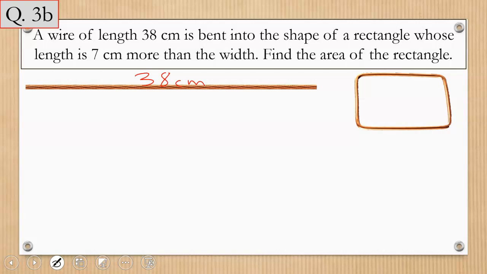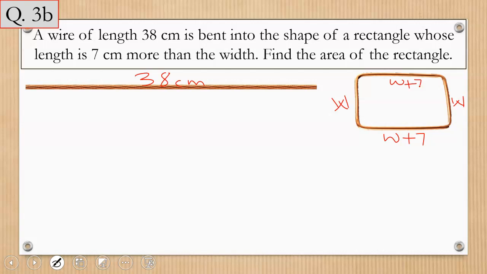Okay, and according to the question, the length of the rectangle is 7 more than the width. So if I call this side the width, then the length is going to be 7 more than the width. And we know that a rectangle has opposite sides equal. So I can put W also here, and I can put W plus 7 here.